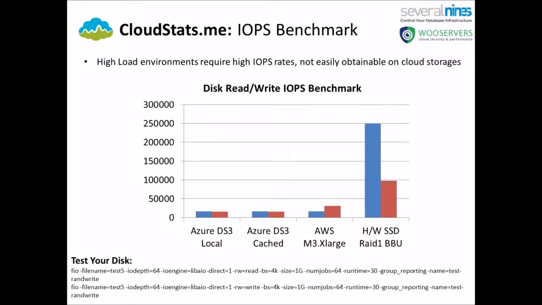Microsoft Azure, for example, limits IOPS per disk up to 500 IOPS for standard disks and higher for premium disks. On Azure, you have to create a RAID setup on your virtual machine to have a higher number of IOPS.